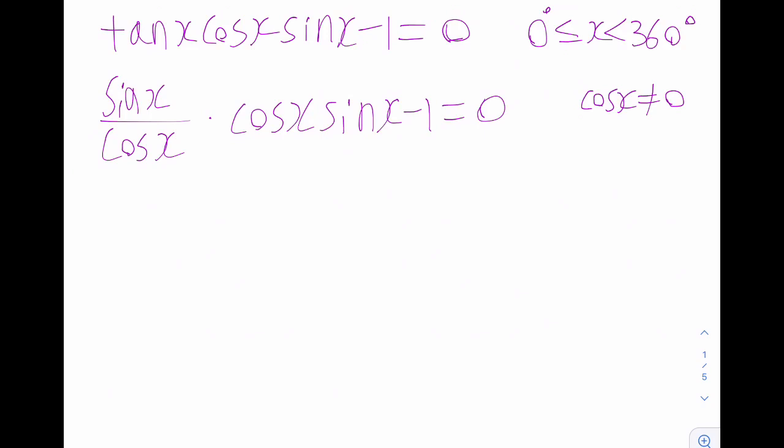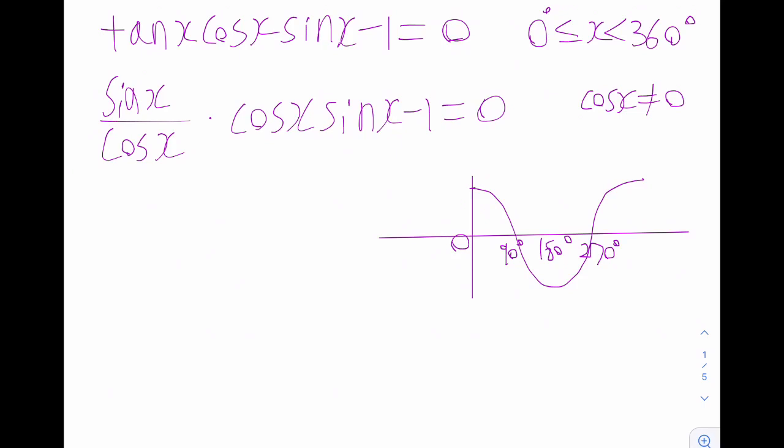Now let's draw a cosine graph, guys. The cosine graph will look like that, and then we will go down like that. This will be 0, 90 degrees, 180 degrees, 270 degrees, and 360 degrees. This is cos of x, this is equal to 1, this is equal to negative 1, and this here is equal to 0.